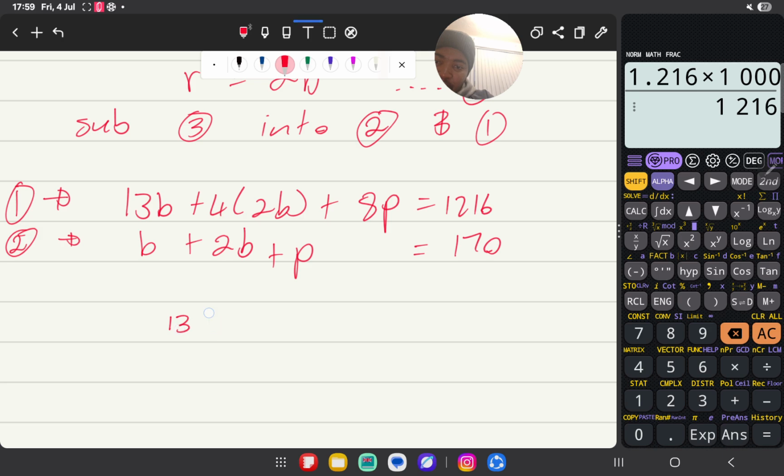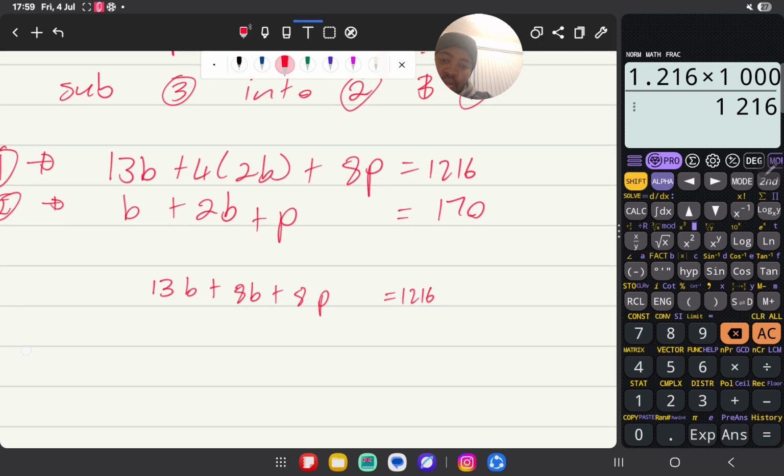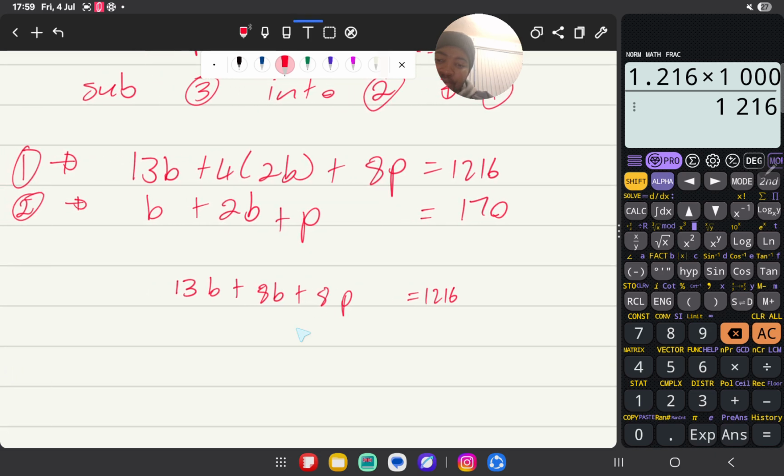You have 13B plus 8B plus 8P, which is 21B plus 8P being 1216. Then here you have 3B plus P equals 170.